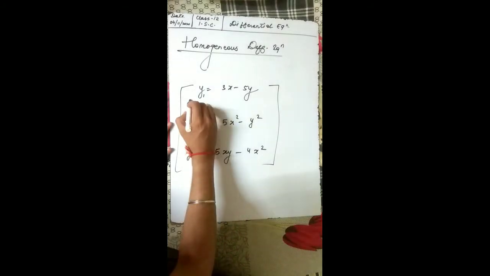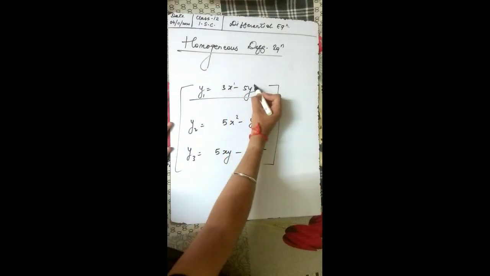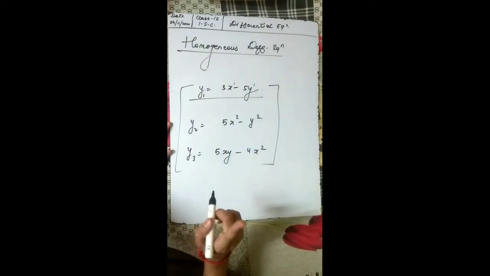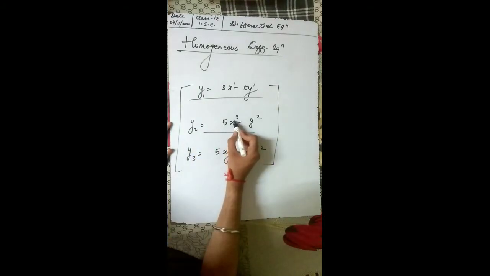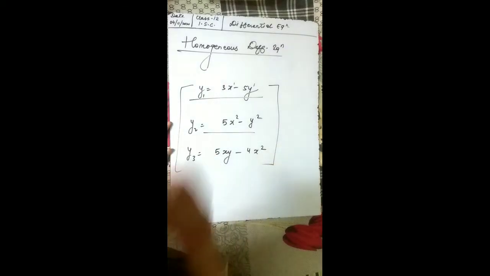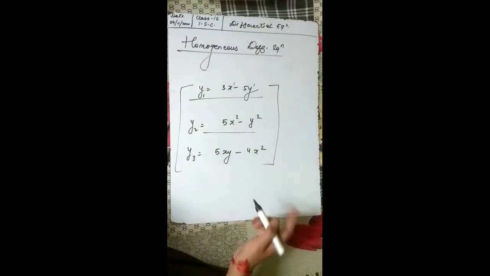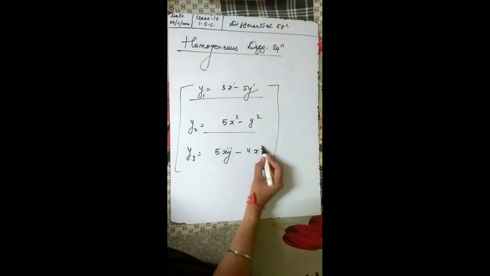Because, for example, if we take this equation, the degree of x and the degree of y is the same. If you see this equation, the total degree of x is 2 and the total degree of y is 2, hence this is also called a homogeneous equation. In this, the degree is 1 plus 1, that is 2, and here also 2.